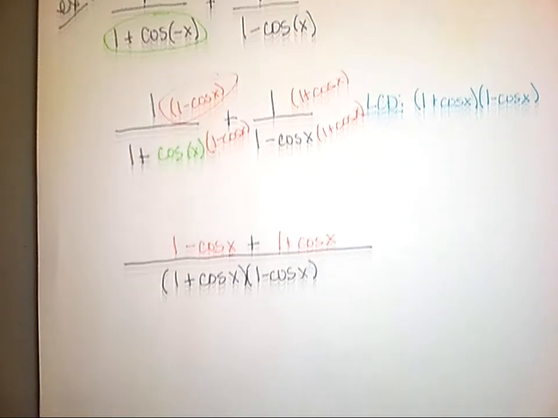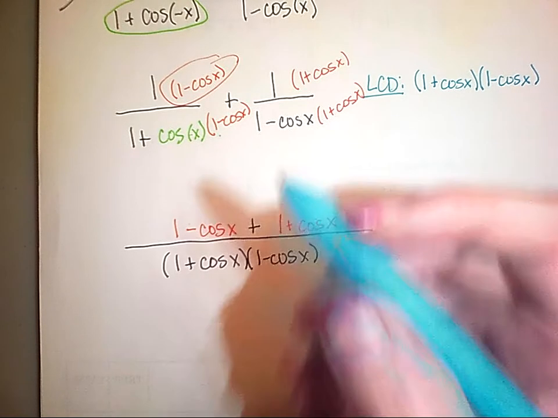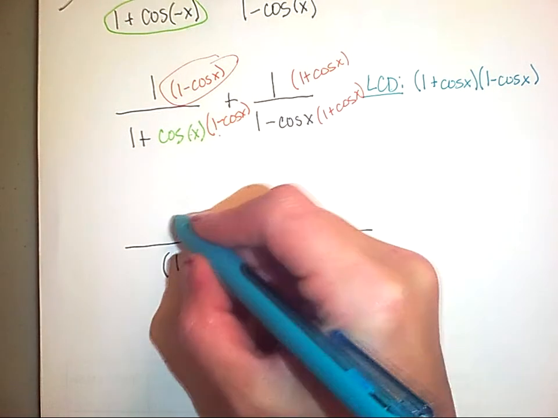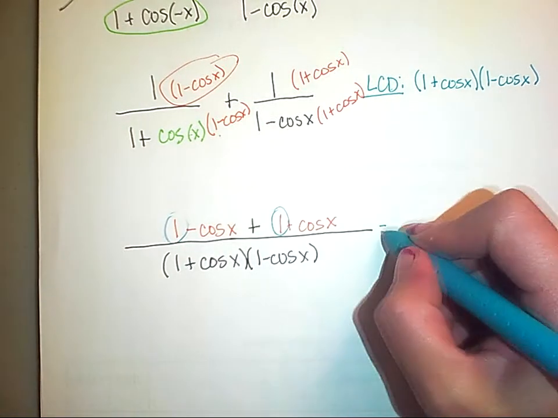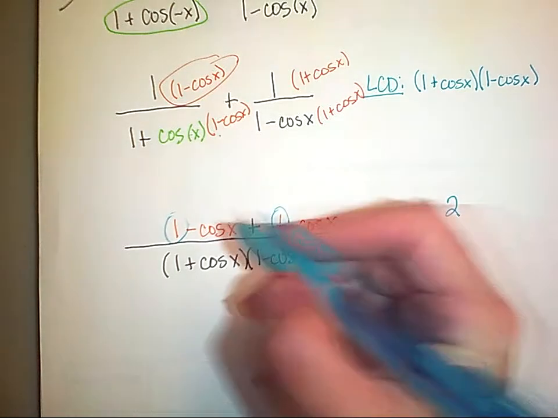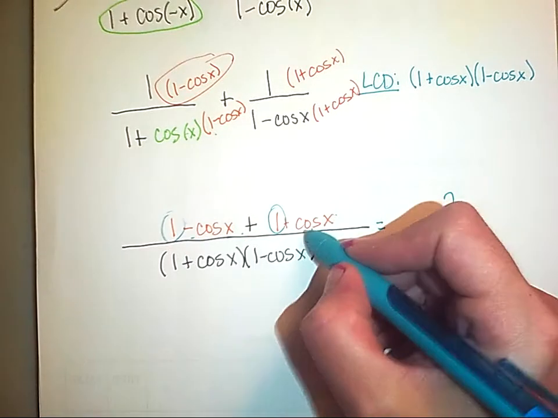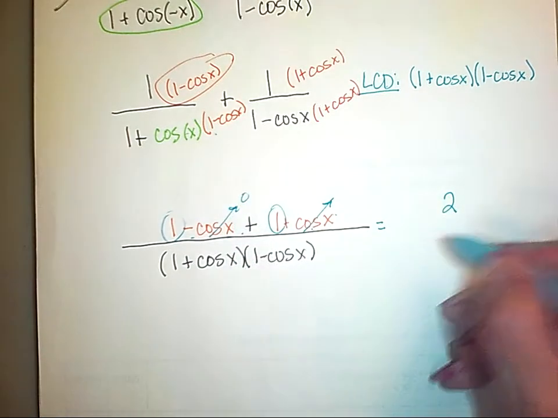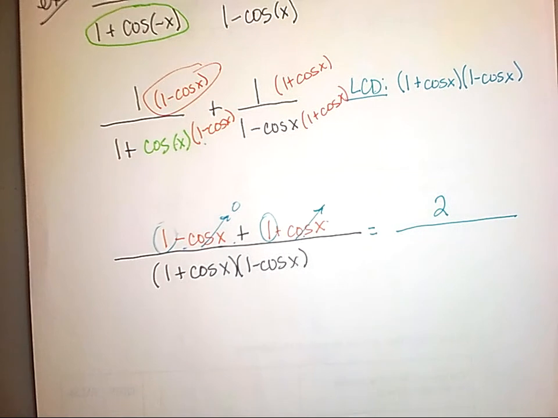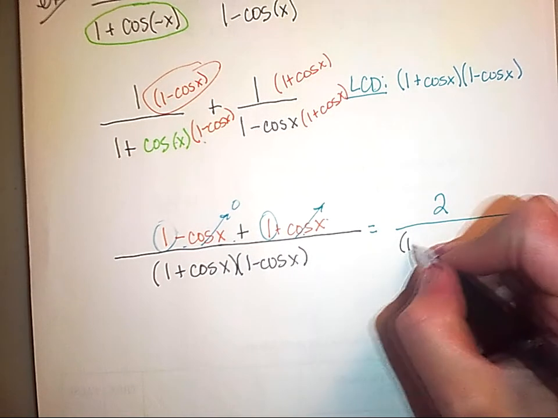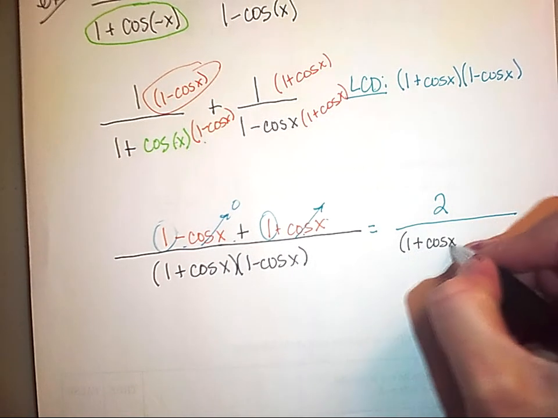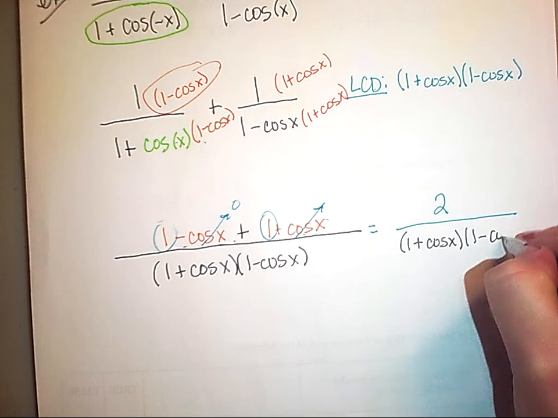Now again, simplifying as we go, 1 plus 1 equals 2, and minus cosine x plus cosine of x. These will go to 0. So we're at 2 over 1 plus cosine of x, 1 minus the cosine of x.